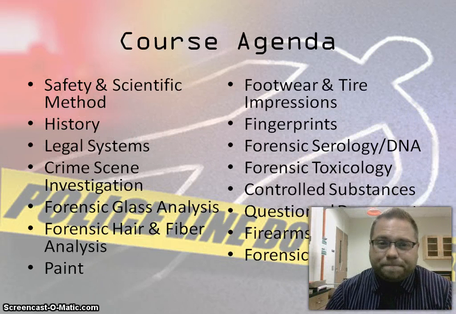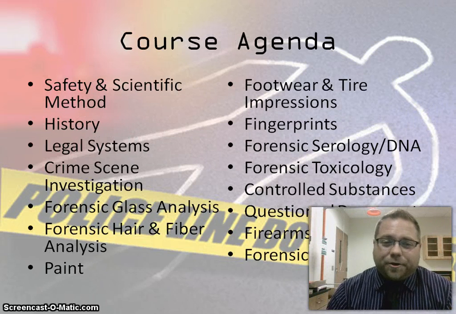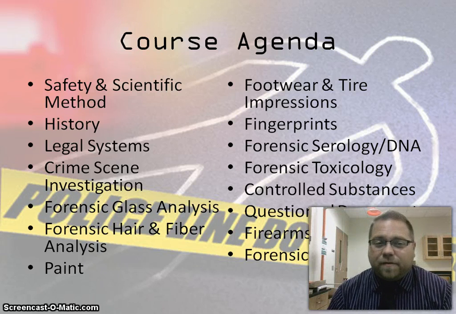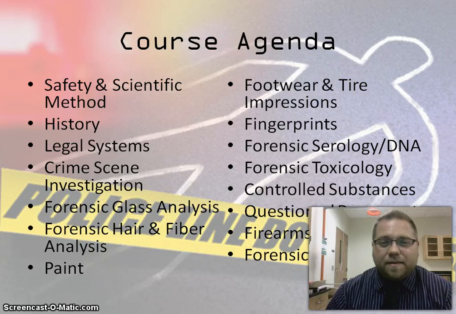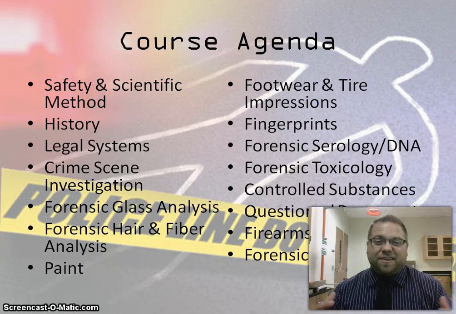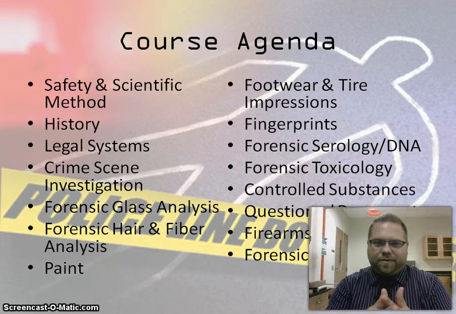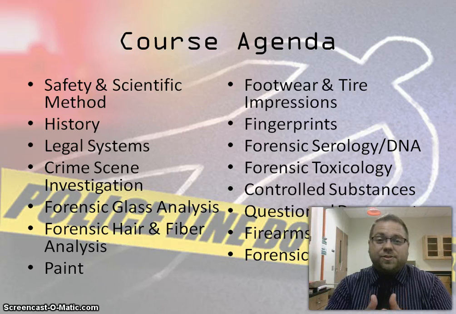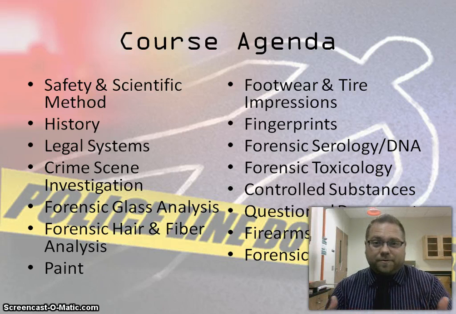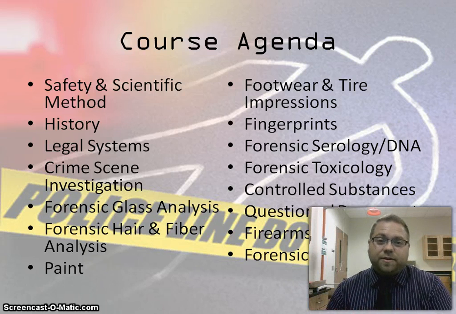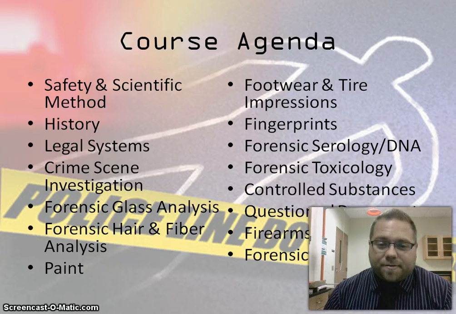Here's our course agenda. I'm not going to go through all of these right now. We've been talking about lab safety. We've also been talking about the scientific method and the nature of science, so that kids can start to see what science really is and how it fits into forensic science. What are the limitations of science? Because whenever we're processing a crime scene, we need to know what science can really do to help us get to the objective we're trying to reach.